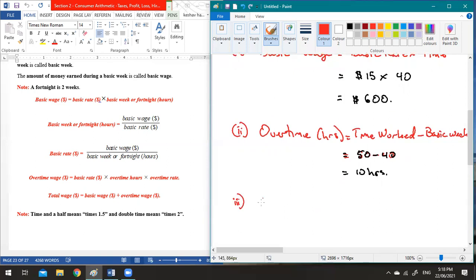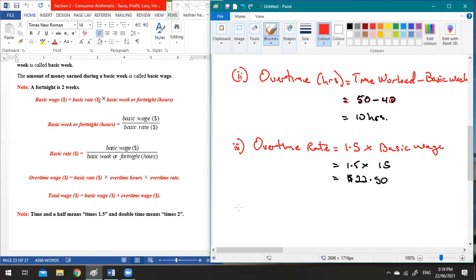And his overtime rate, and they say time and a half, so it's 1.5 by the basic rate. So 1.5 by $15 is $22.50.